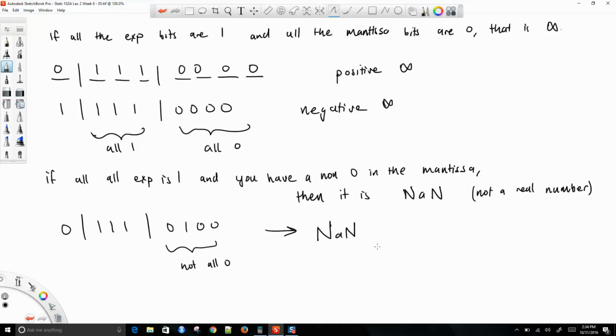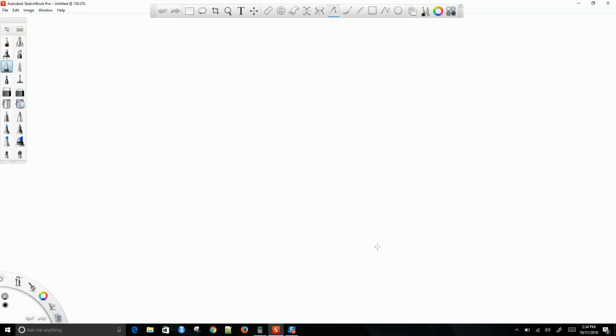All right. So with that in mind, what is the largest value that we can represent with our 8-bit floating point? Well, the first bit, our sign, will be 0, because it's going to be positive. What will our exponent bits be? Not all 1s.